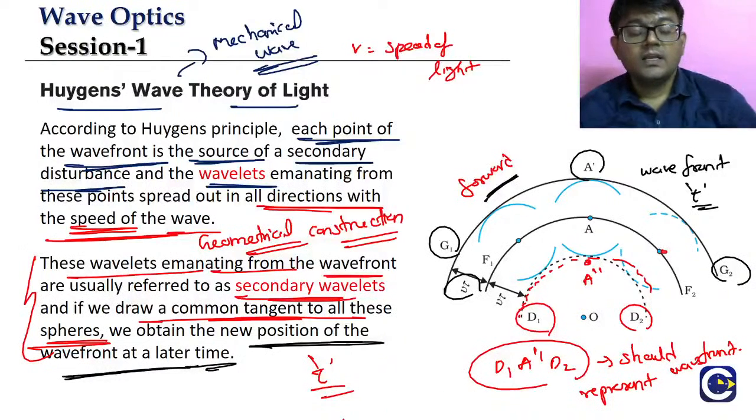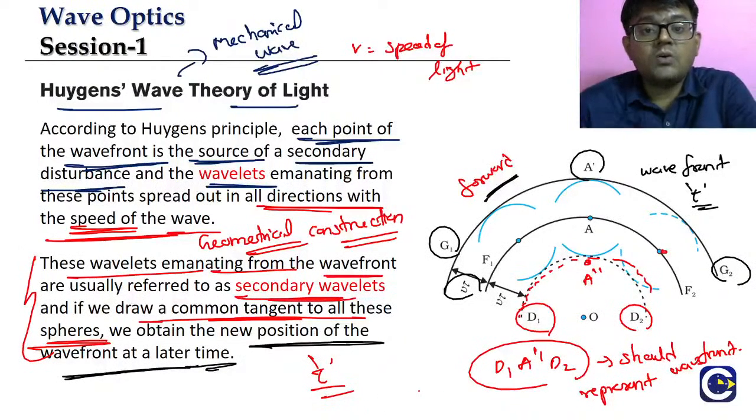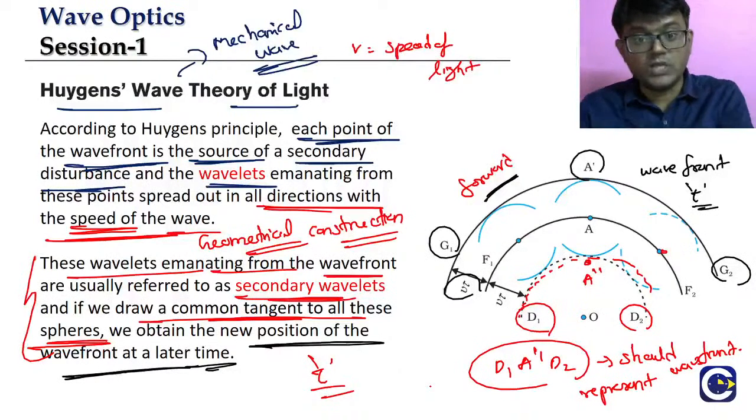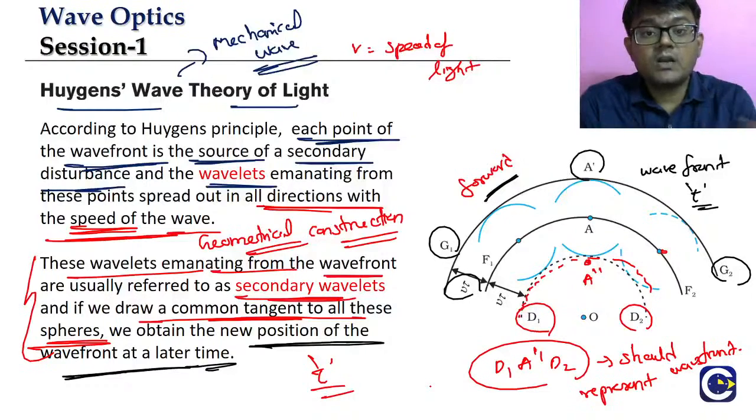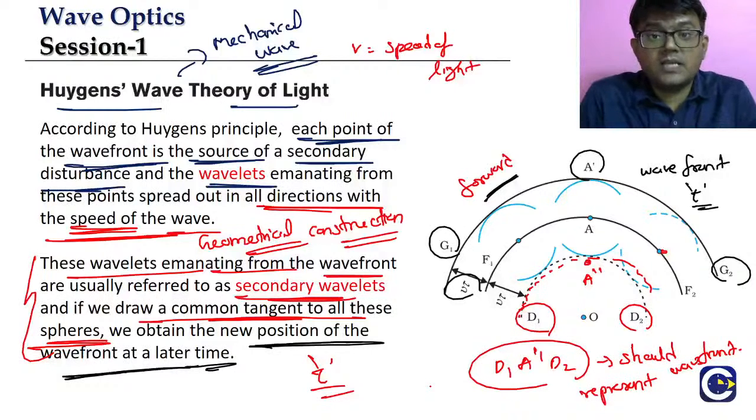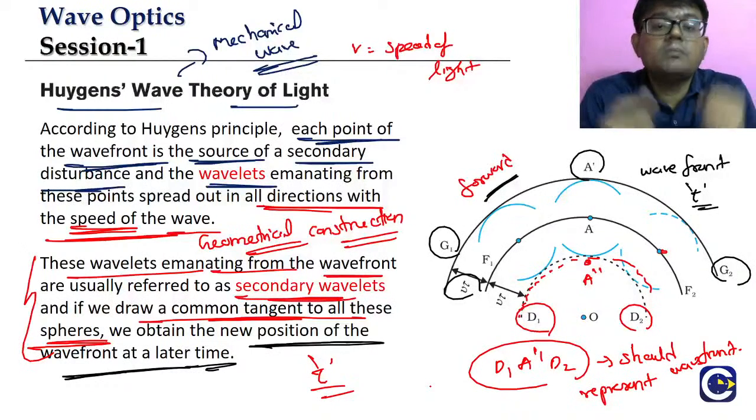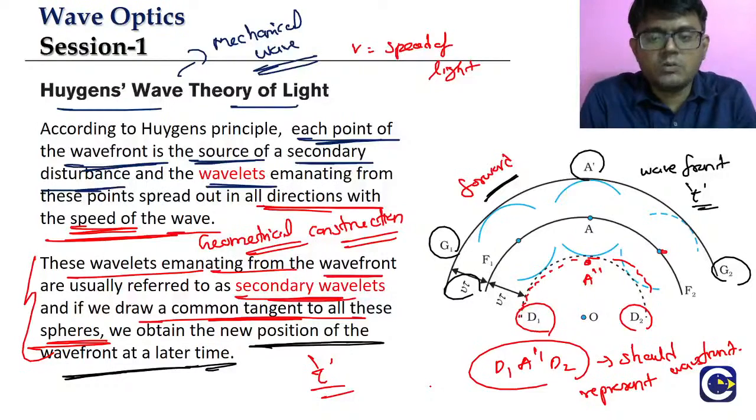But we will see how Huygens has actually omitted the idea of the wavefront being formed in the backward direction. In fact, that is one of the drawbacks of Huygens' theory. He was not able to clearly give an explanation as to how he is able to omit it.